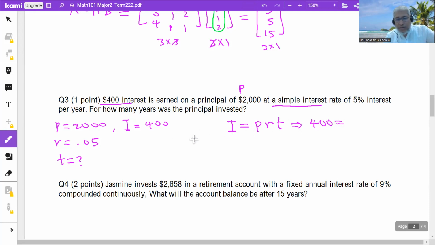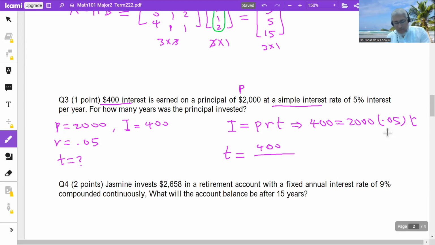The principal is also given, which is 2,000, times R, which is 0.05, times T. Now we need to solve this equation for T. T would be equal to 400 divided by 2,000 times 0.05.